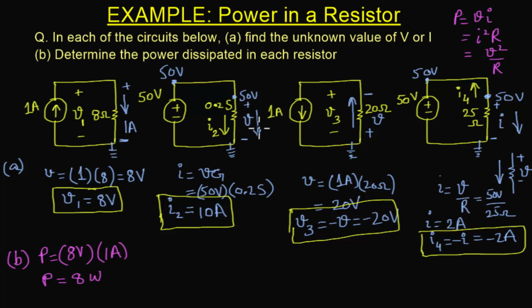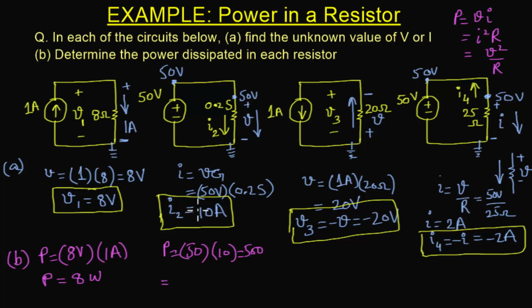For the second case, we know the voltage is 50 volts across this resistor and we know its current. So we can use this formula. So voltage is 50 and current is 10. So it is 500. But let's also show you that the different forms will yield the same answer. So let's write this as I squared R as well.